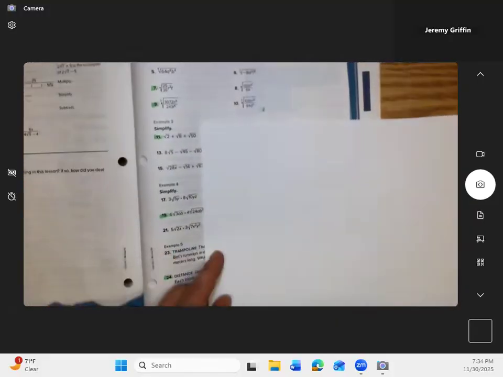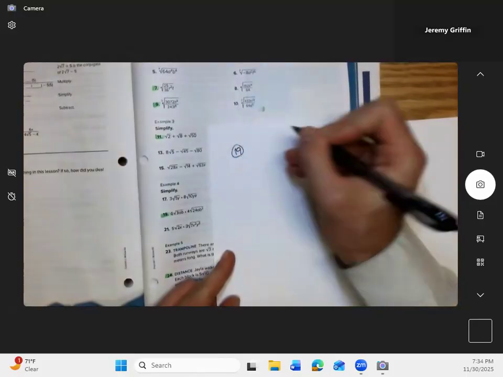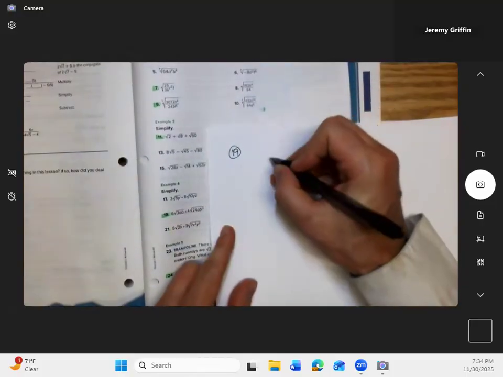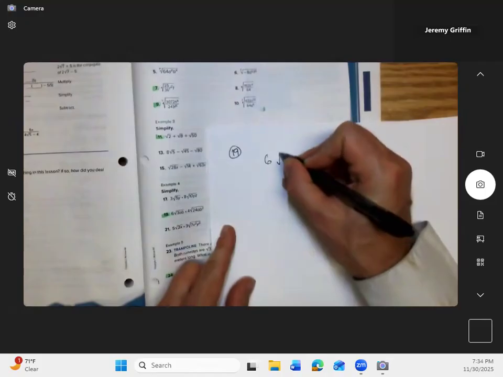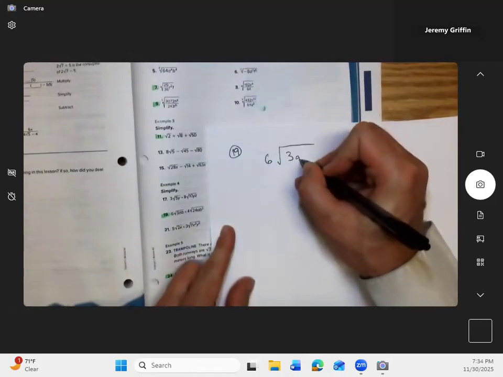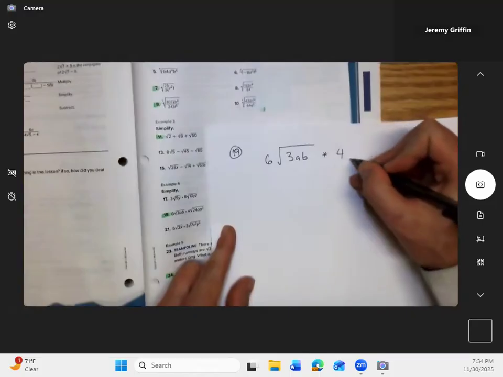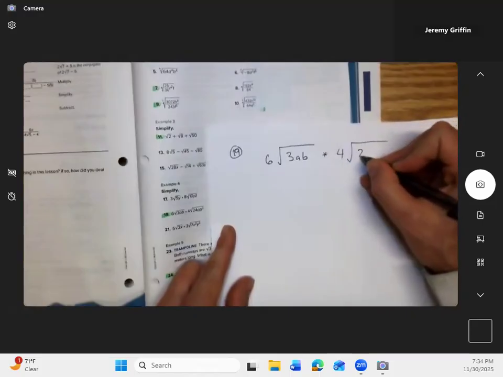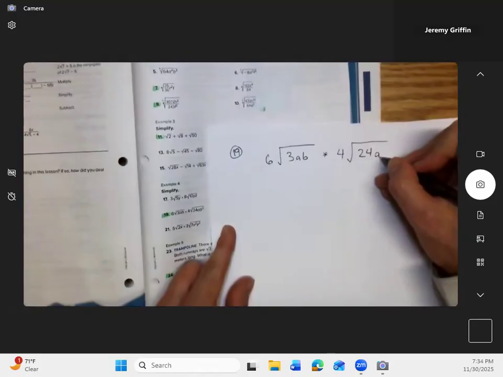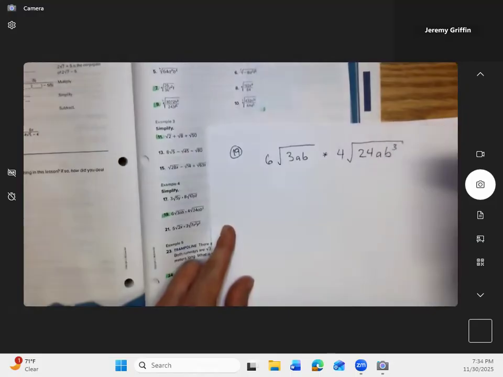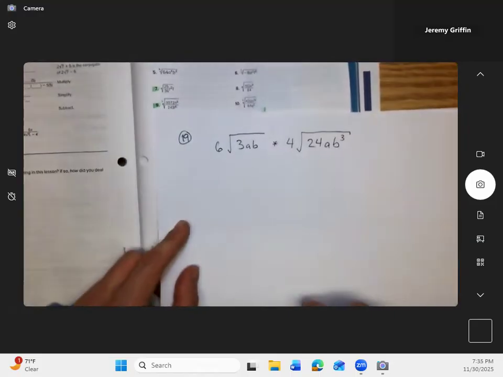Number 19. Simplify this. I got 6 square root 3ab multiplied by a 4 square root 24ab cubed. You know what?